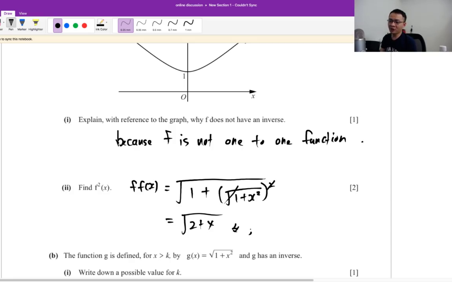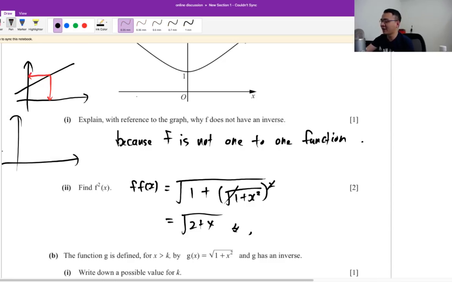Okay, how do you know a function is one-to-one by its graph? A one-to-one function is basically a straight line. You can see one x value will only give you one y value. Or you can have the exponential graph or ln graph. You can see over here, one x value will only give you one y value.